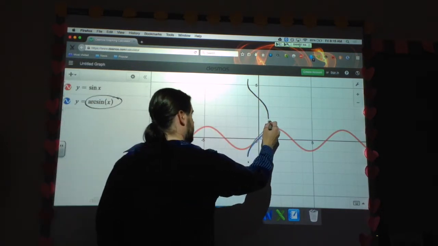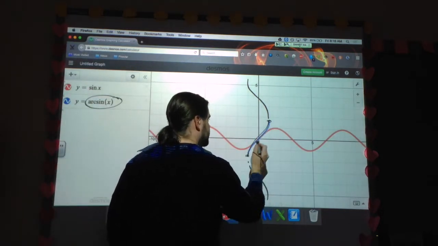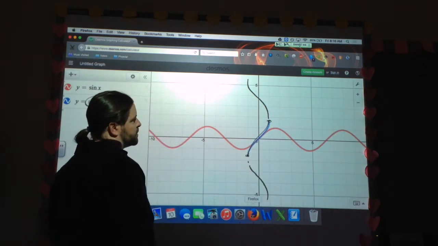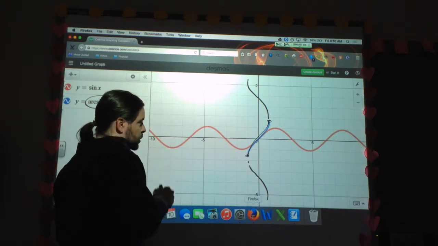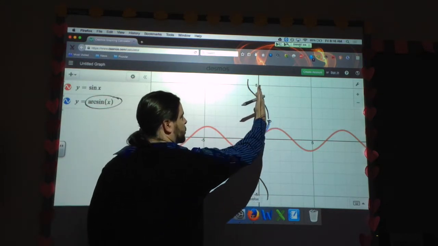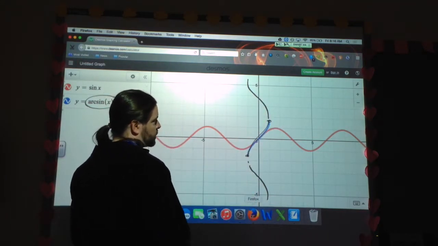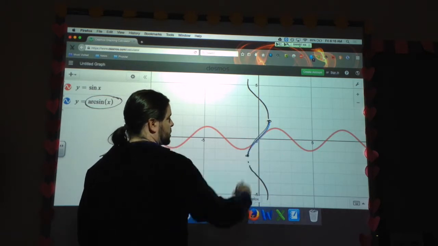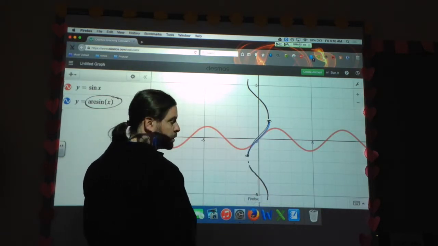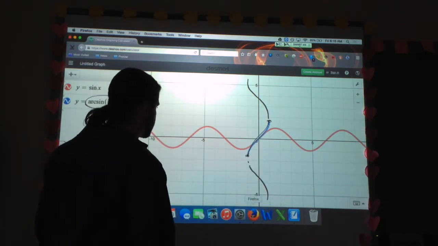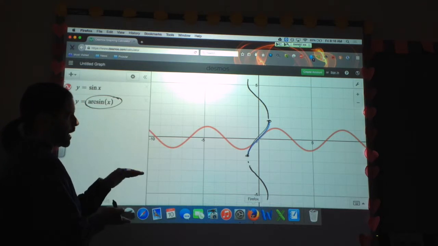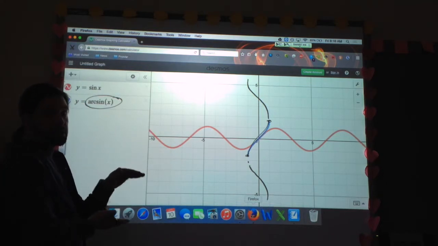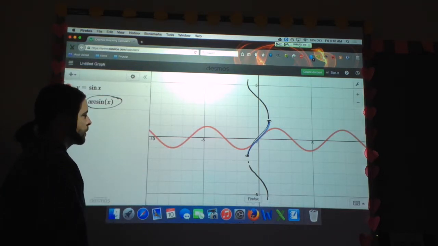But it stops here and here, because as soon as it continues past those points, you're talking about a graph that's going to fail the vertical line test, and it's not going to be a function. Computers don't deal very well with relations that aren't functions, so it limits it on purpose. So the blue line is the inverse of sine, but limited so that it's a function.